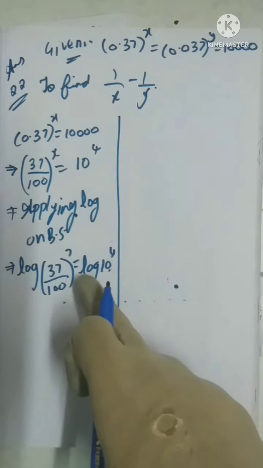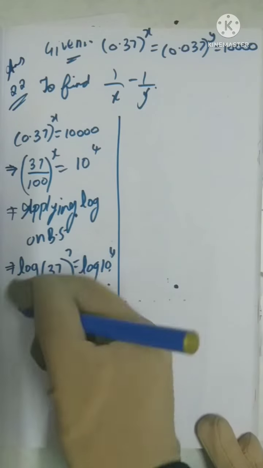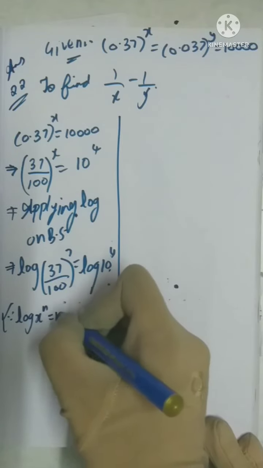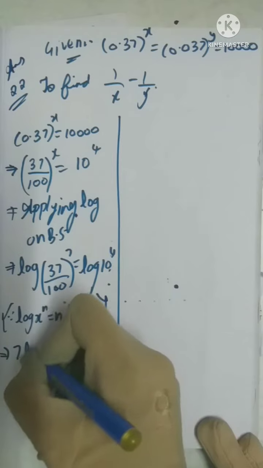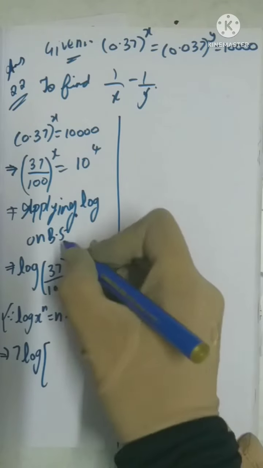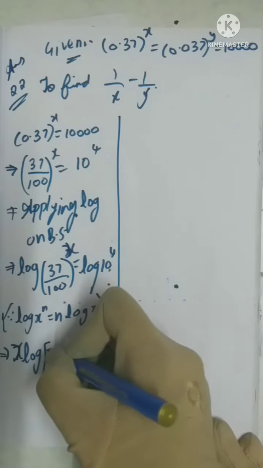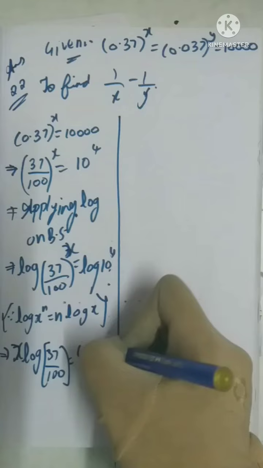This is also of the form log x power n. What is log x power n? It is n log x. We know that log x power n is n log x. That is x, this is x, right? Log of 37 by 100 times x is equal to 4 log 10 we have.